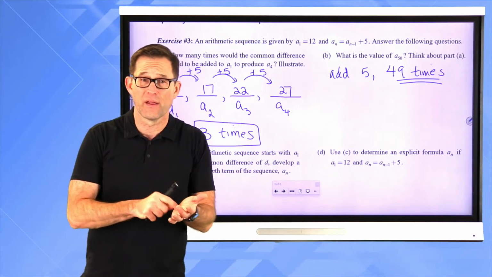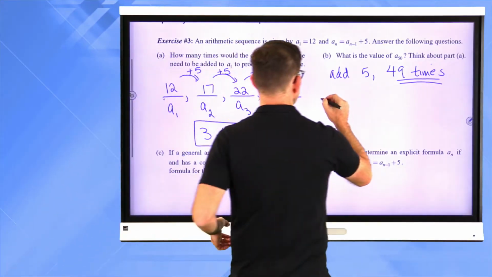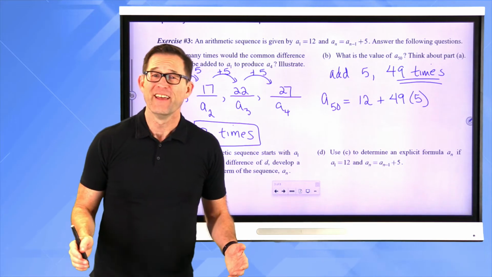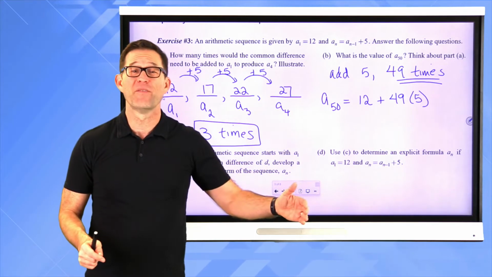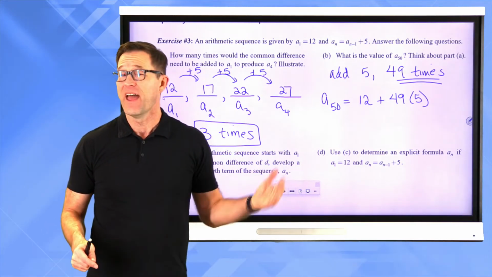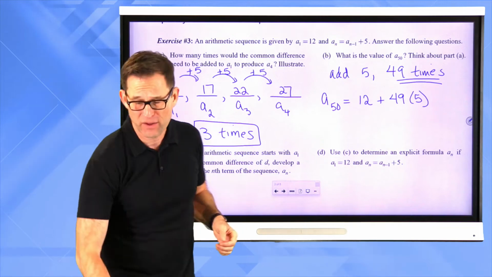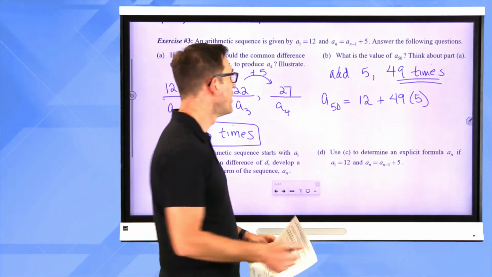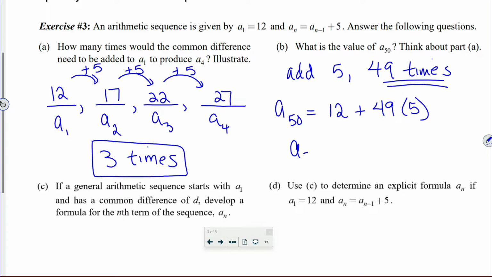It would just take us a while on the calculator, but it's a lot easier to just say the following. a sub 50 is going to be our starting value, 12, plus 49 of those 5s. That's the whole point of multiplication, to be able to circumvent adding the same number again and again and again. And of course, this is very easy to put in our calculator. And once we do that, we end up having 257.